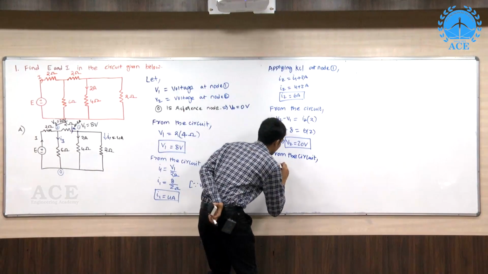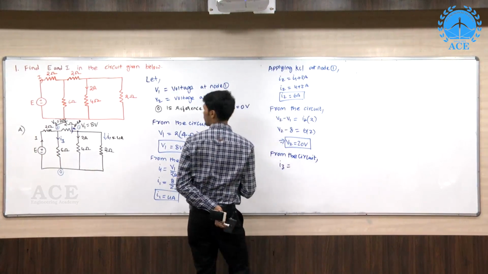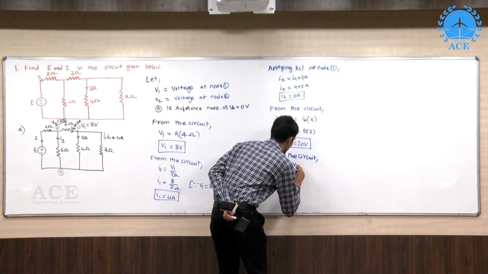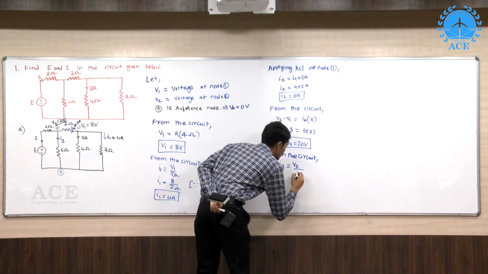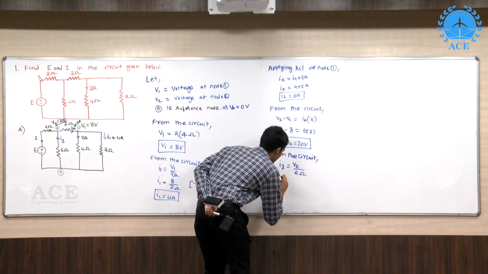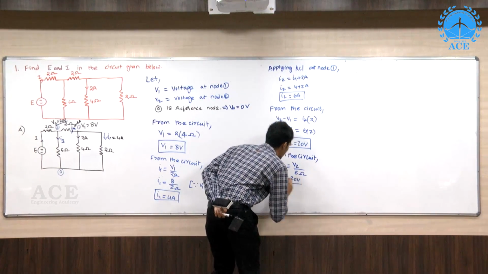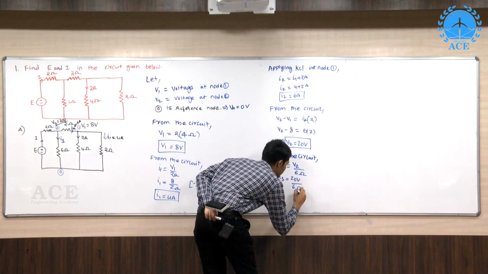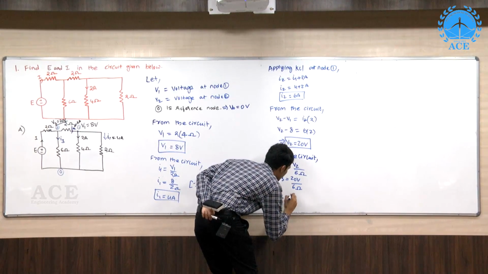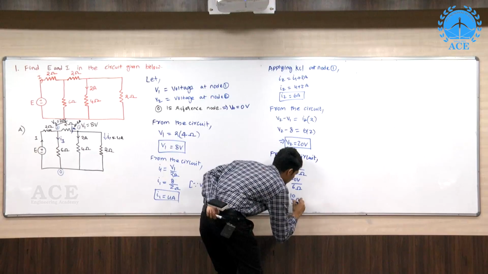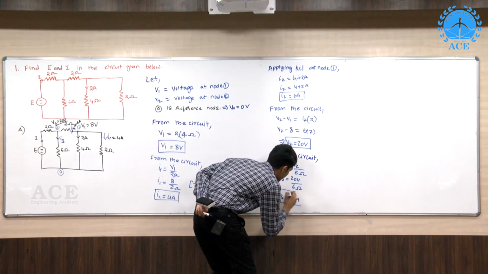I3 is equal to V2 by 6 ohm. So I3 is equal to V2, which is 20 volt, by 6 ohm. So I3 is equal to 10 by 3 amperes.